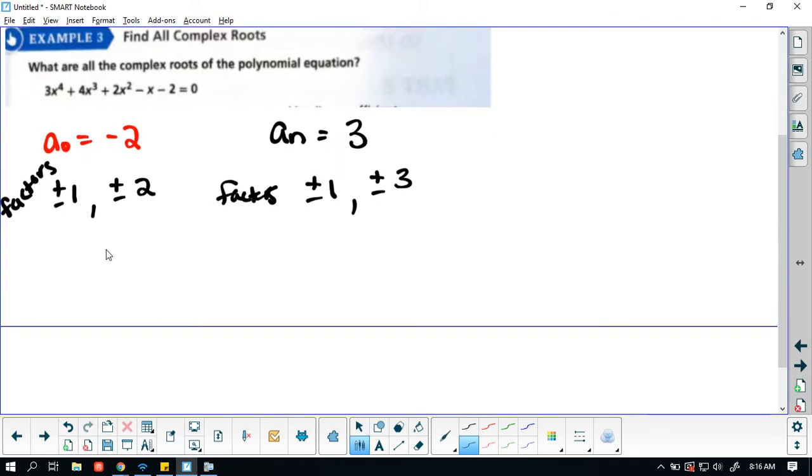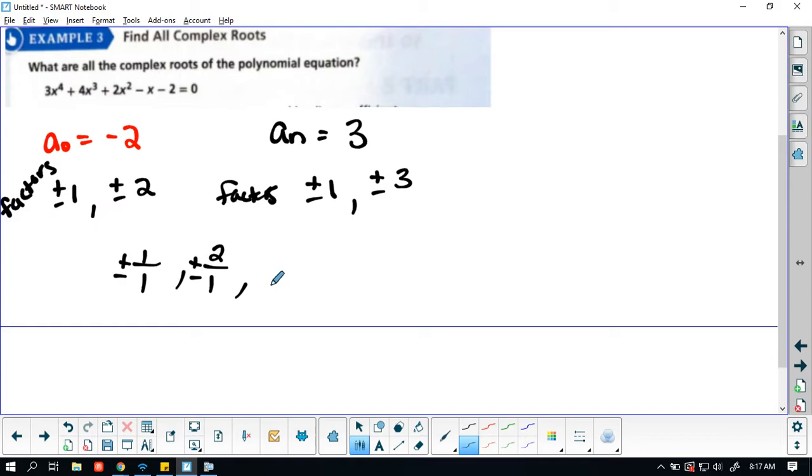Okay, so let's go through and look at how we can combine these. It's going to be 1 divided by 1 plus or minus, and then 2 divided by 1 plus or minus.